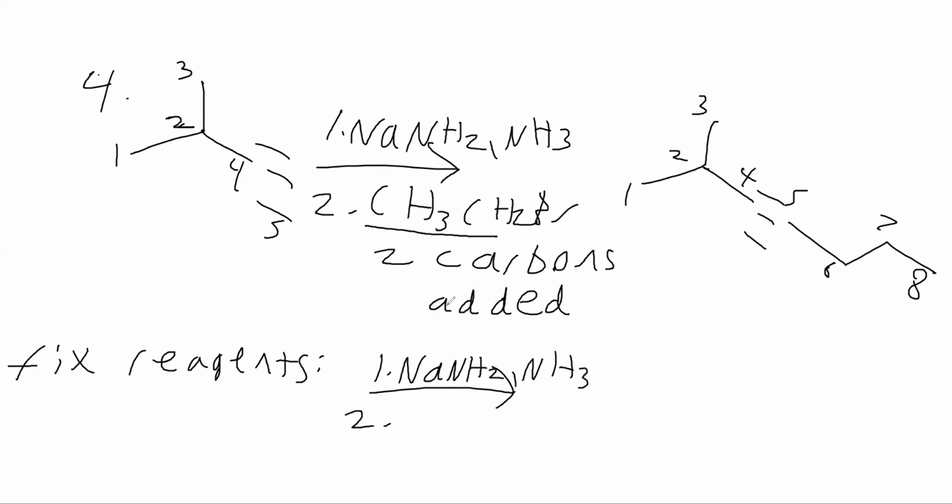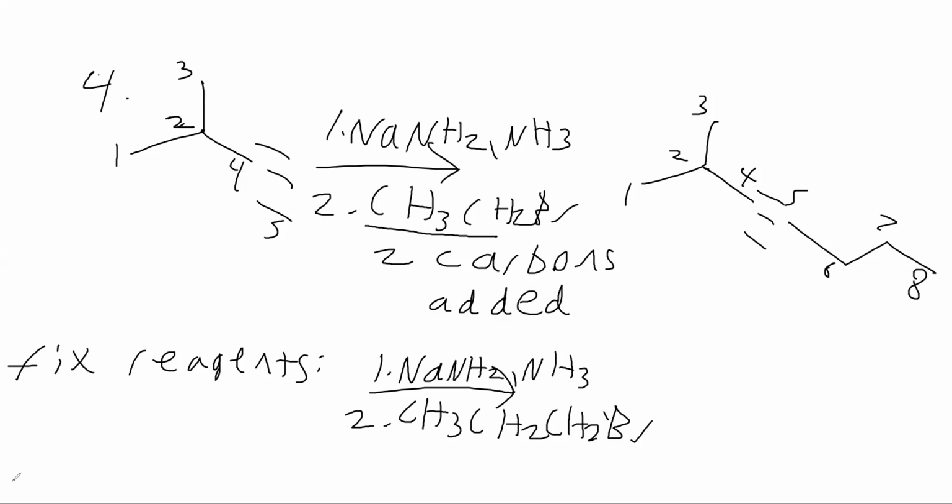First step is the same, you're just deprotonating, but now we want to add 3 carbons, so it's going to be CH3CH2CH2Br, because now we have 3 being added. That'll add a propyl group.